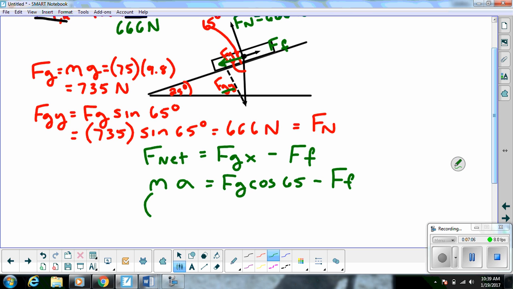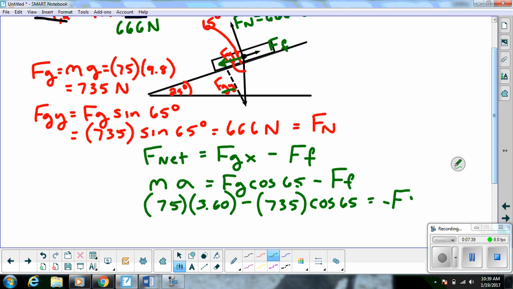The mass of the box was 75 kilograms. The acceleration given in the problem was the 3.60 meters per second squared. And I'm going to subtract from that the force of gravity, which is going to be the 735 times the cosine of 65, and that's going to be the negative frictional force, which will end up flipping the sign at the very end.